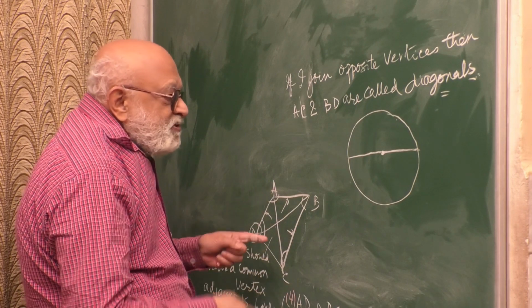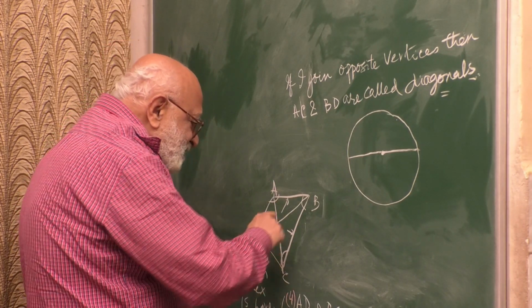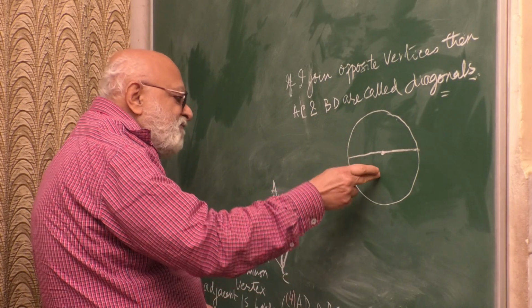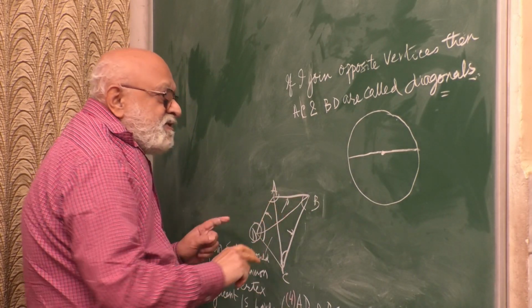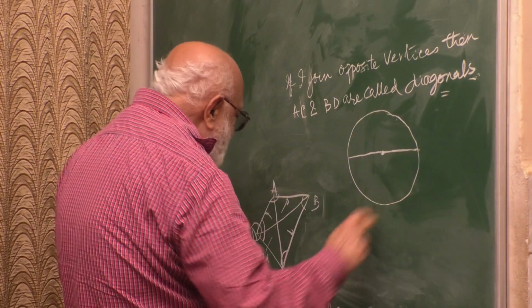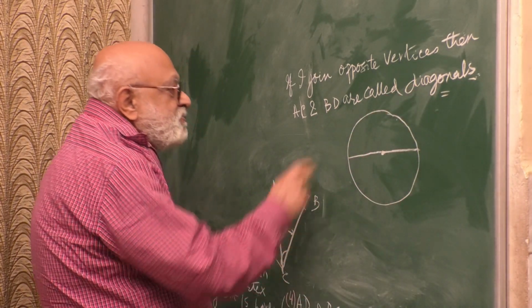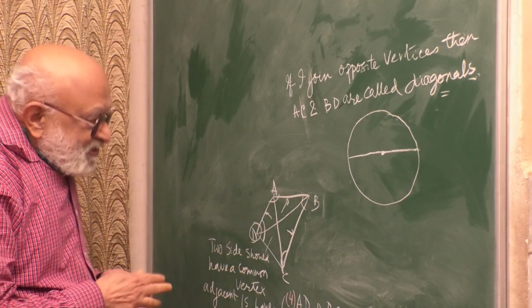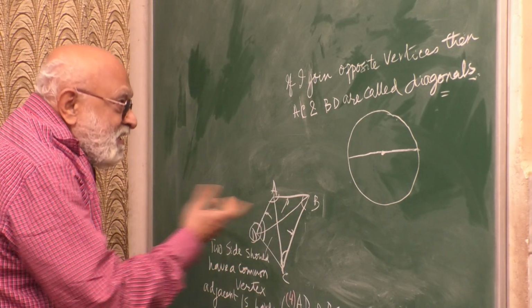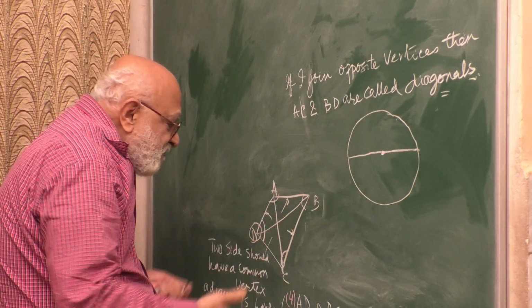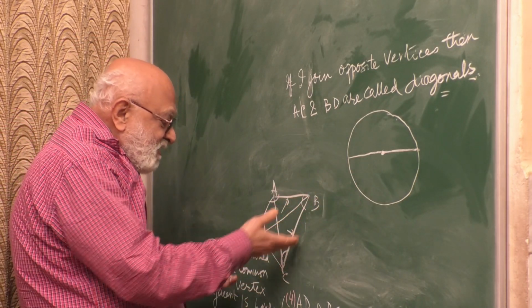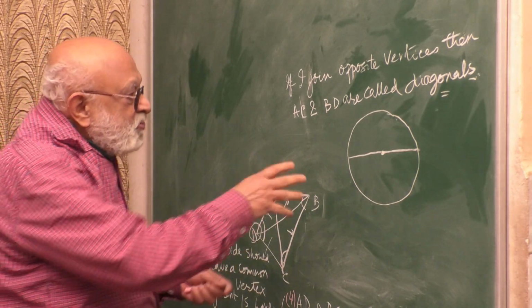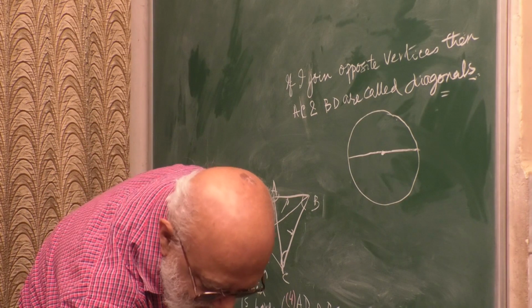I don't know which came first, whether they used it for the circle or the circle was developed first. But the name is the same, and these two are also called diagonals. So don't look at the figure and get confused. I have heard diagonal only in the case of quadrilaterals? No, the same diagonals also come in the case of circles.